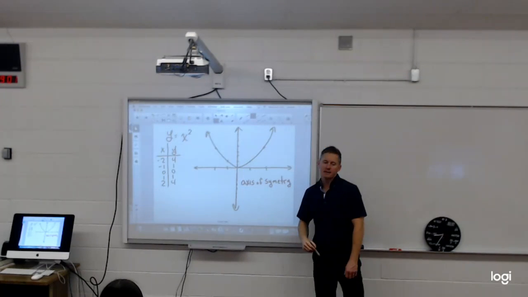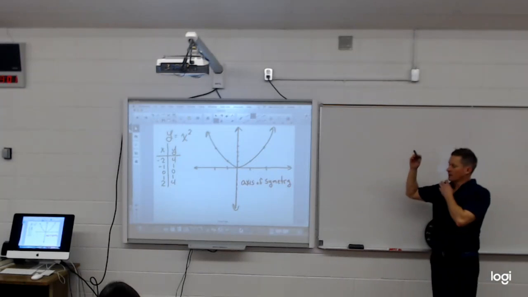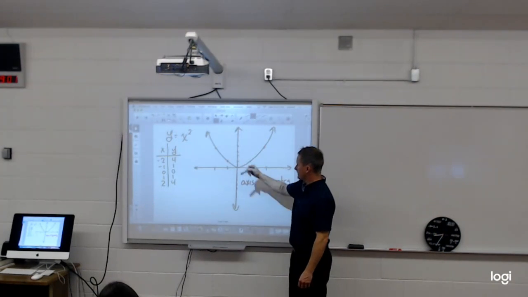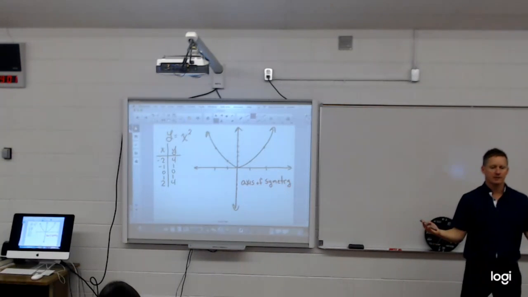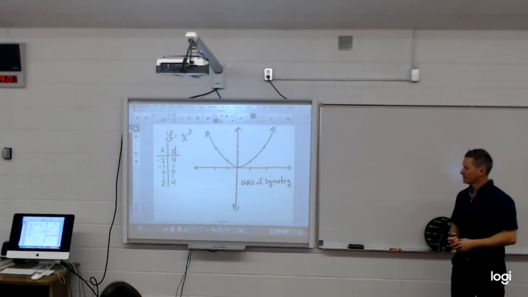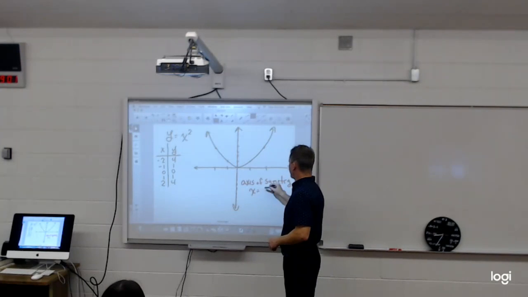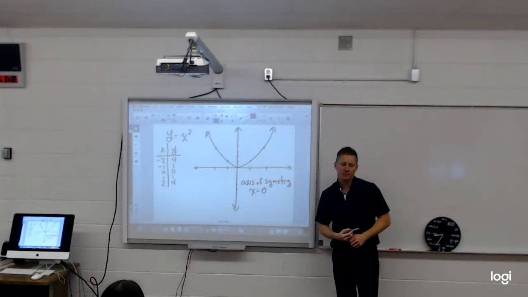The axis of symmetry is the line drawn straight through what we call the vertex, this guy right here, that divides the graph into two equal parts. It's exactly the same on the left side as it is on the right side. The equation of that line will be x equals whatever the x value of the vertex is.